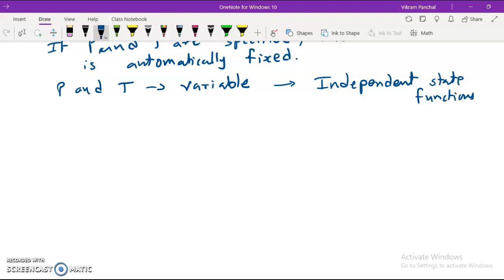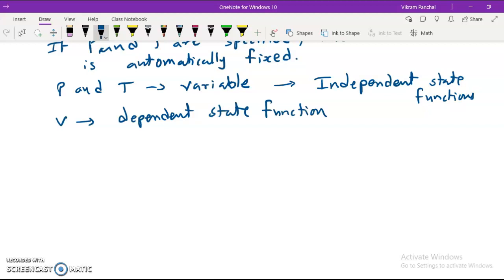And the remaining, for example volume, is known as the dependent variable or dependent state function. So this way we can identify independent state function and dependent state function.